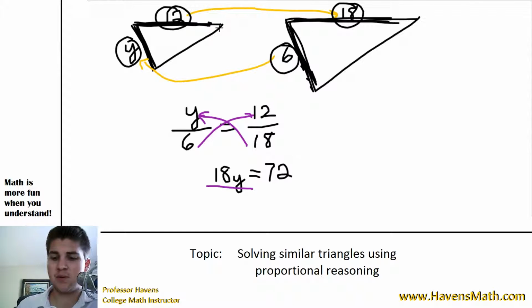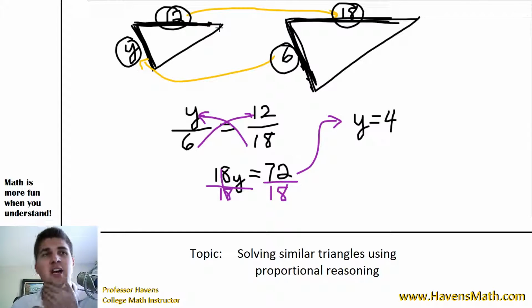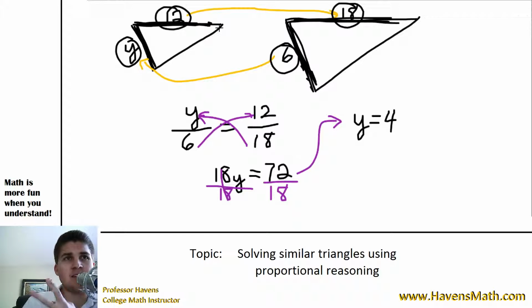So we divide both sides by 18, and that would give us that y is equal to 72 divided by 18, which seems like it's 4 to me. And you can check on that if you want by doing long division or calculator. But 18, 36, 54, 72, yes. So it does go perfectly into it 4 times. But anyways, what we would get would be y is equal to 4.